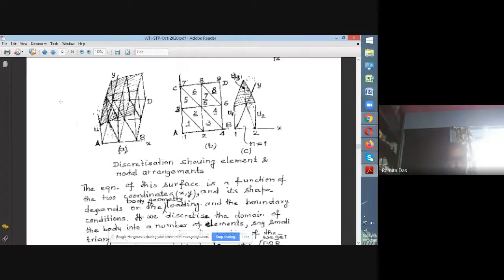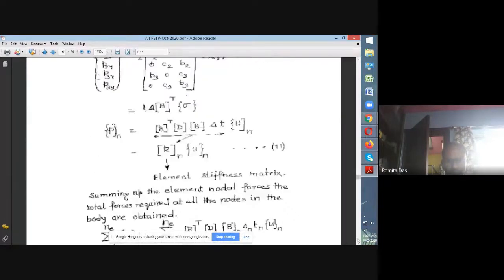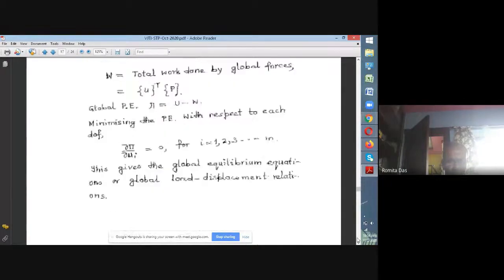So to approximate this surface, the least one can think of is linear variation of the displacement field. Then one can think of quadratic variation of the displacement field, and cubic variation and so on. The polynomial that you select is going to help you approximate the actual variation of the field.